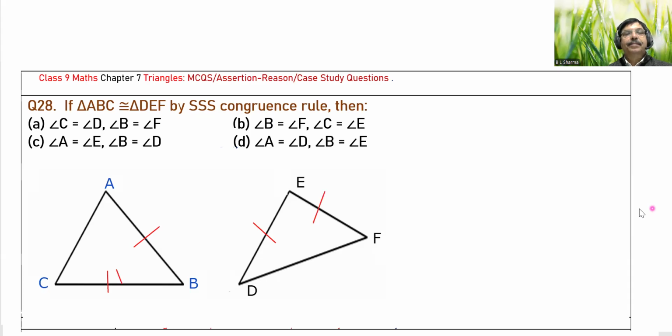BC is equal to EF. And AC is equal to DF. Therefore, by SSS congruency rule, triangle ABC is congruent to triangle DEF.